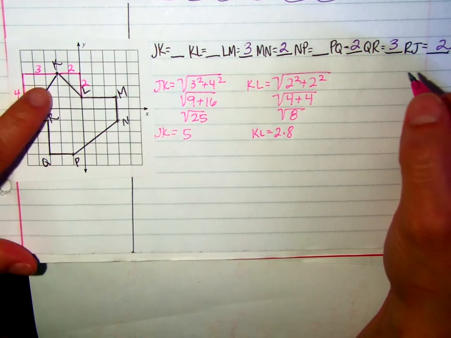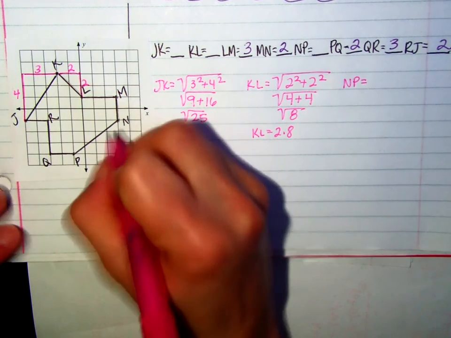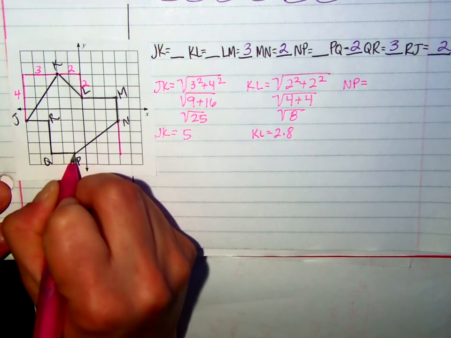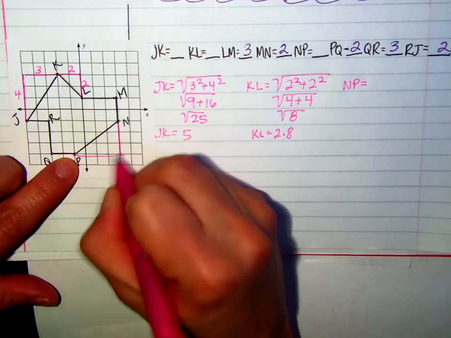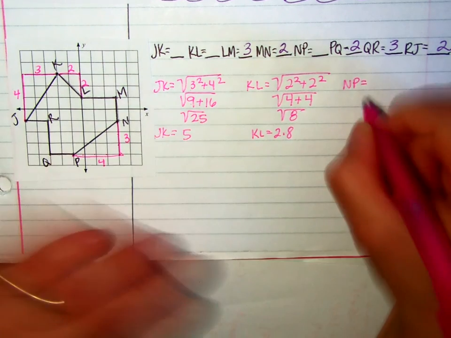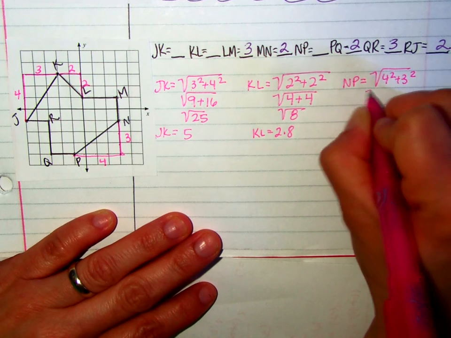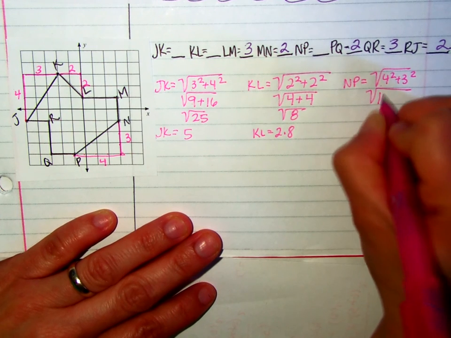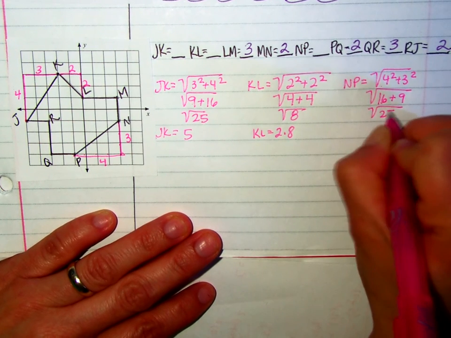And now I have to tackle NP. So build your right triangle. Count the base. 1, 2, 3, 4. Count the height. 1, 2, 3. So I got 4 squared plus 3 squared. 4 times 4 is 16. 3 times 3 is 9. 16 plus 9 is 25.